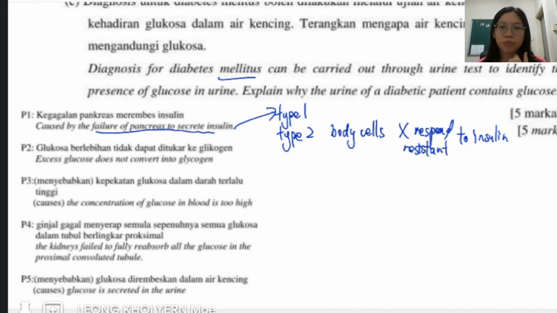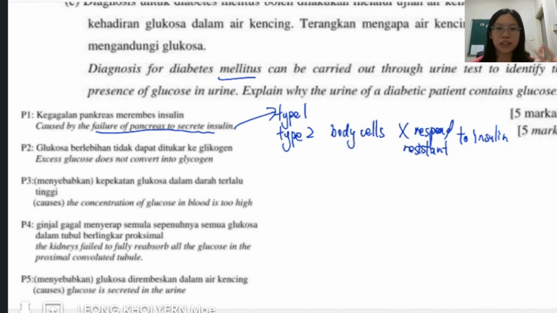So your pancreas will, of course, keep secreting insulin. But now your body cells, because insulin is the one that stimulates the process where excess glucose is converted to glycogen, or stimulates your body cells to use this glucose for aerobic respiration. But now the body cells fail to respond to it, because the insulin keeps being produced since you keep eating sugary stuff.